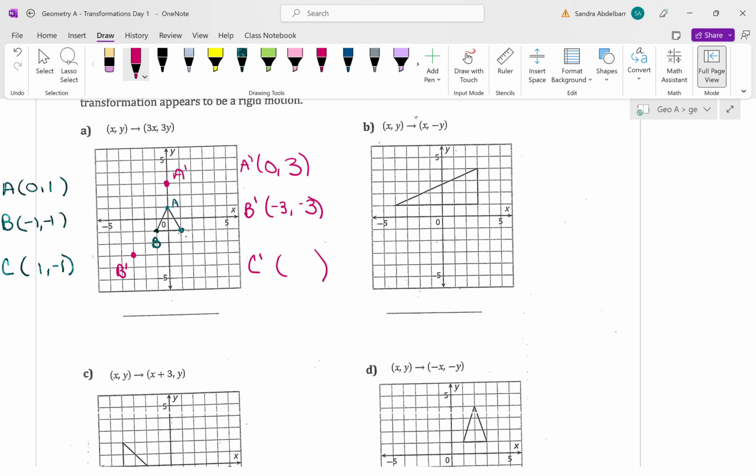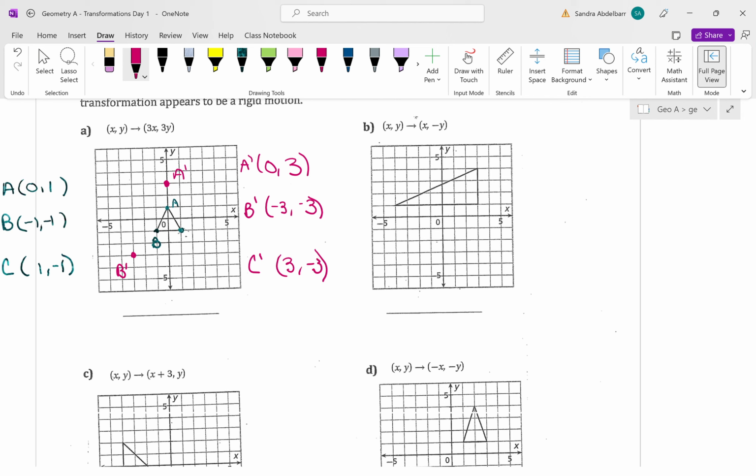Maya? What is it? I don't know what you're saying. Is it 3, -3? It is 3, -3.